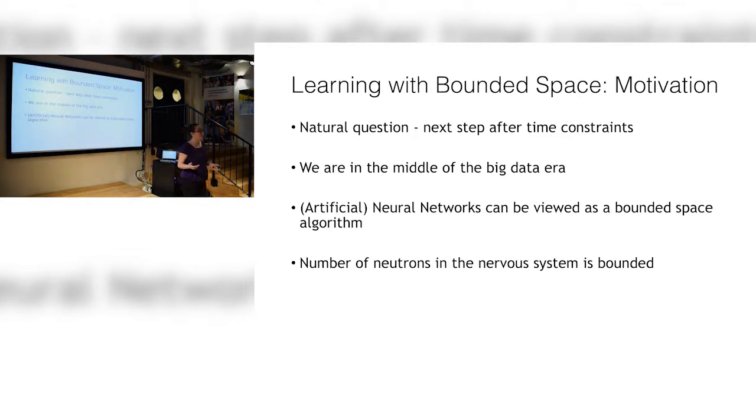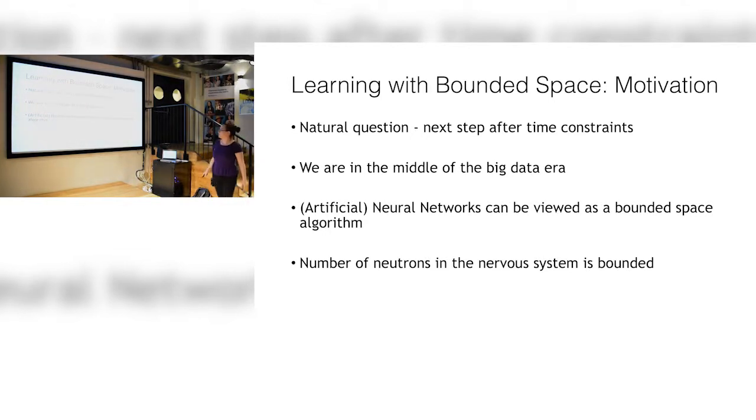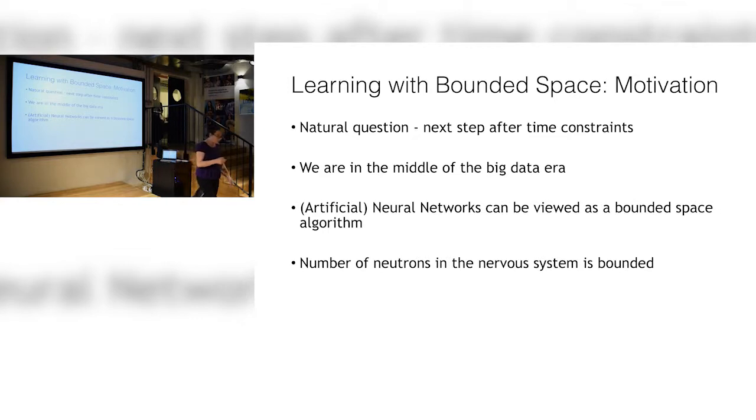Who heard about neural networks here? I thought I would see many more hands. There is a lot of buzz about deep neural networks, and actually they can be viewed as bounded memory algorithms, because at each step they just remember the current hypothesis, the current weights, and they change it a bit.